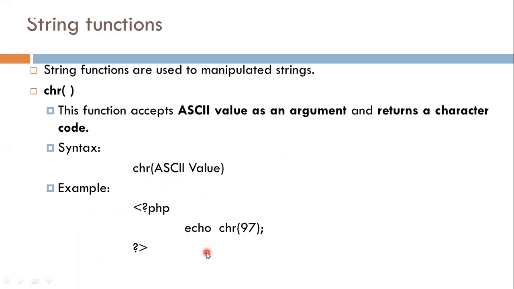Example, when we use an echo statement with the chr function, in brackets I write any ASCII value. So here I write 97, which is the ASCII value of small a. If I write 65, then my output is capital A.